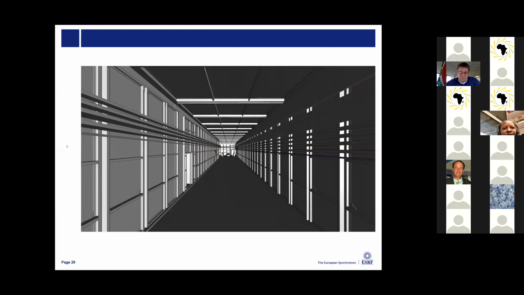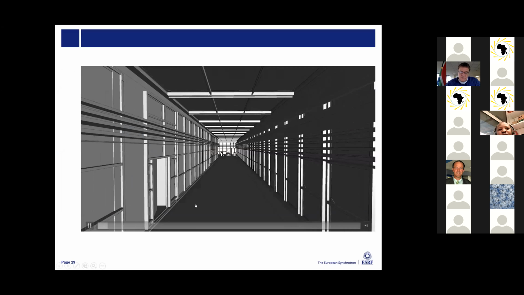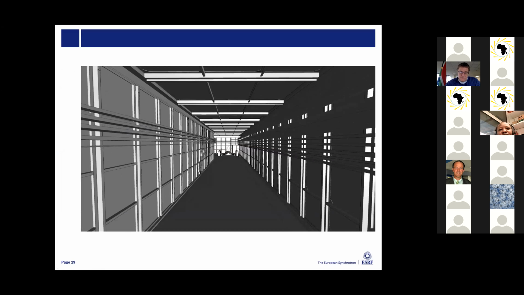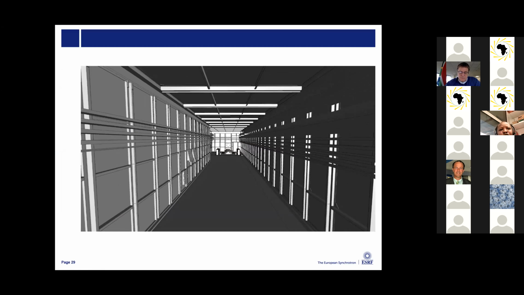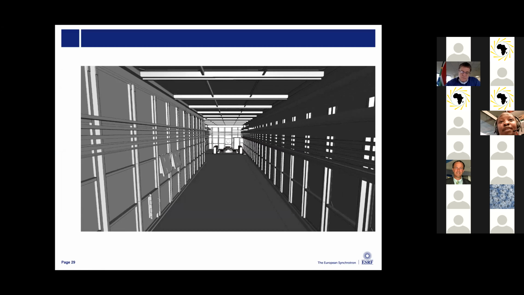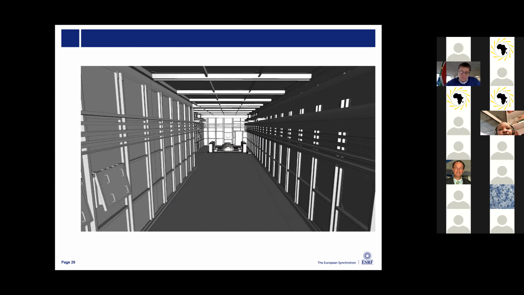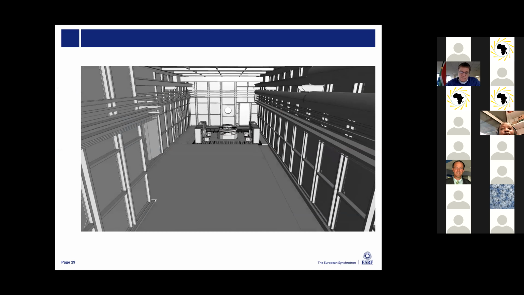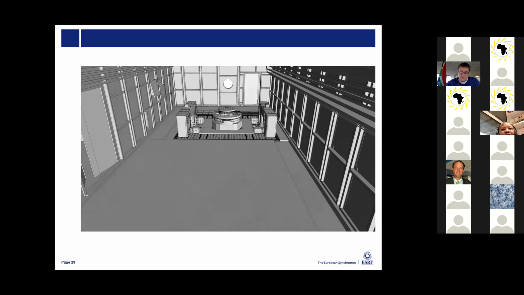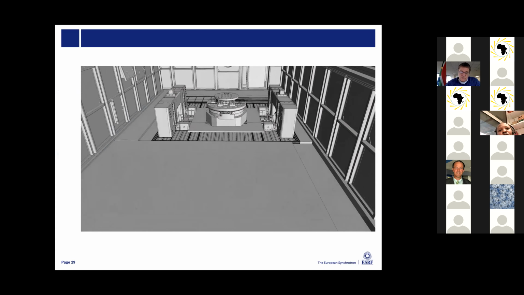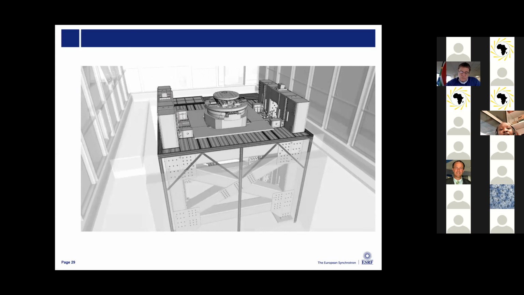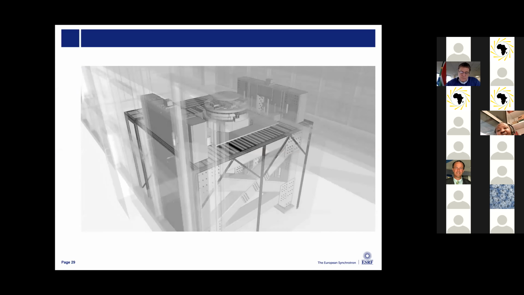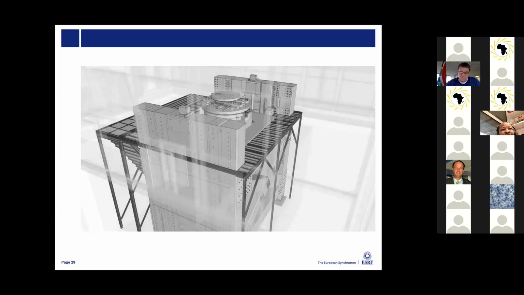So this is a movie of what it is going to look like when it is complete. This is the experimental hatch for BM18. BM18 is going to be quite an extraordinary tomography beamline, where it will be possible to do a complete tomography of an object which is up to, I think, about 2.5 meters long.